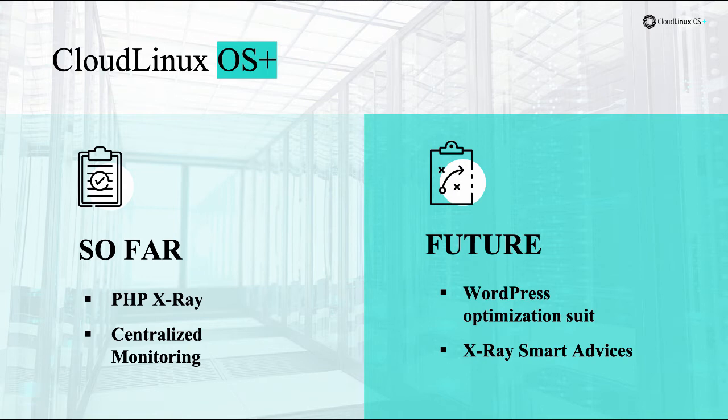It's very important to understand that these two moments are key because when you're looking at how slow the site is, it's also very important to know that it is slow because of the site and not because of the server, because of the throttling and all of that stuff. So when we released CloudLinux OS Plus, we started with these two components because in our understanding, it is the key to move forward to where we want to move forward.